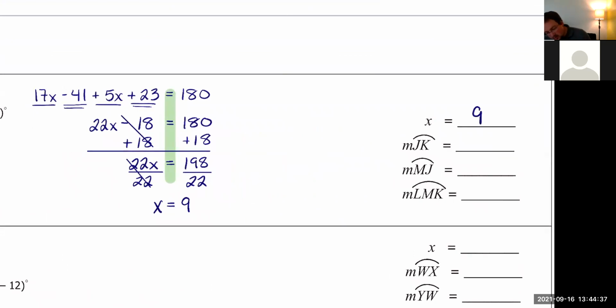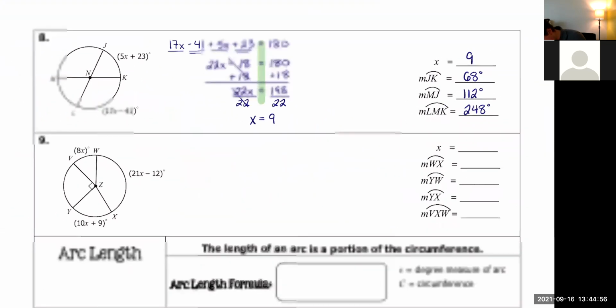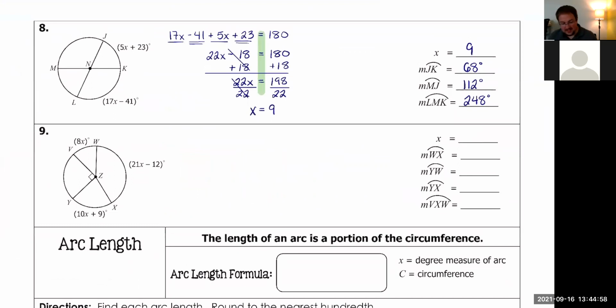Using that X and working your way through the different arcs, you should get that the measure of arc JK is 68 degrees. The measure of arc MJ is 112 degrees. And the measure of arc LMK is 248 degrees. Now, for the sake of time, I'm going to give you the results for 9 because I want to take a quick look at arc length before we run out of time.